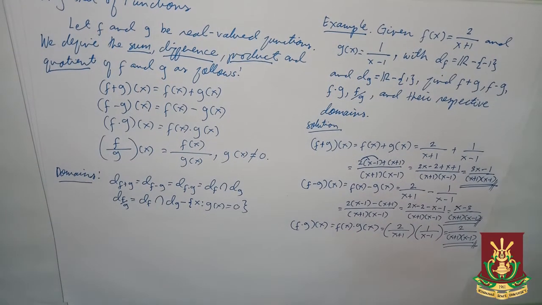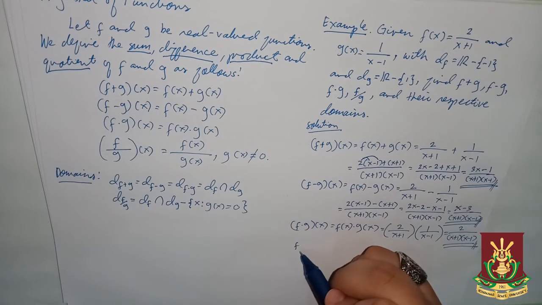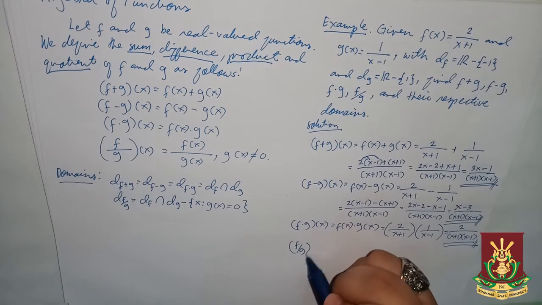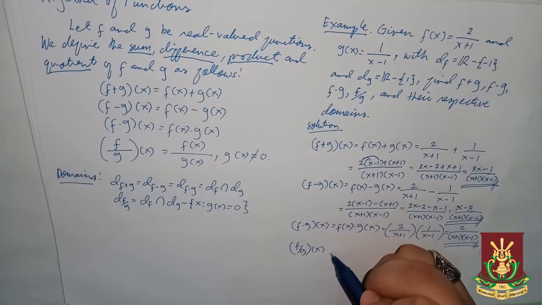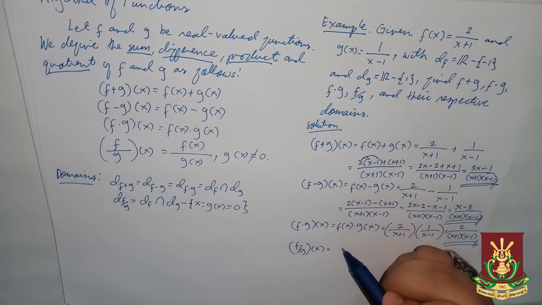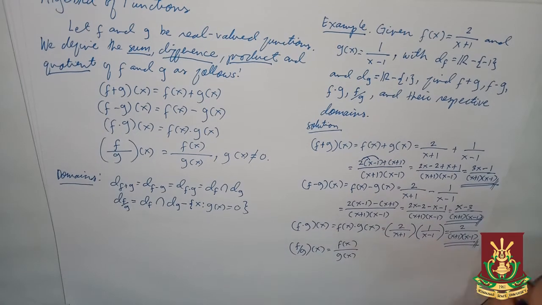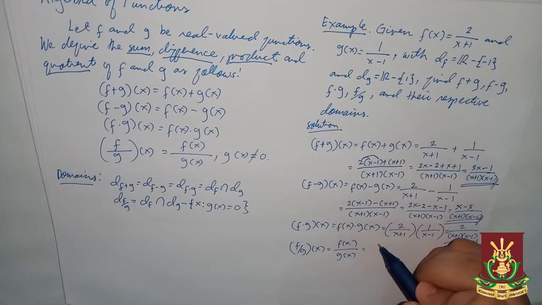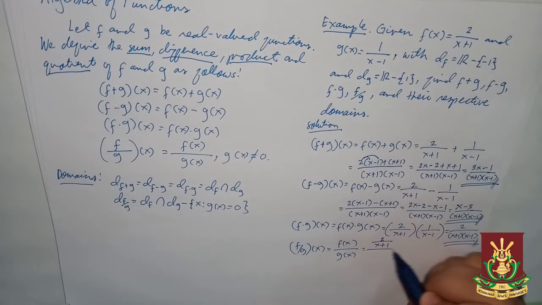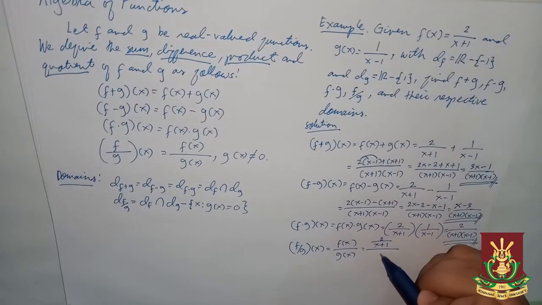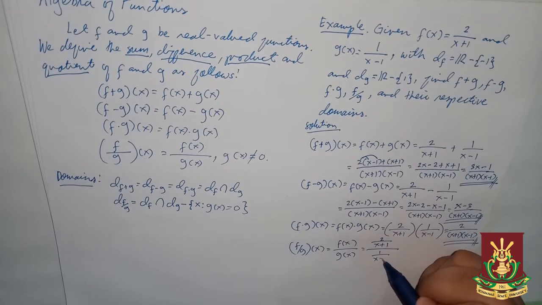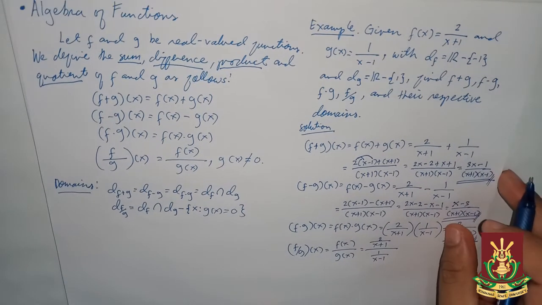Finally, we have f over g of x, which is by definition f of x over g of x. This will give us 2 over x plus 1 all over 1 over x minus 1.